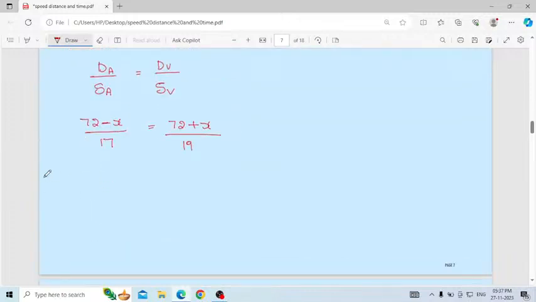Then solve. Cross multiply: 19 into 72 minus x equals 17 into 72 plus x. So 19 into 72 minus 19x equals 17 into 72 plus 17x.